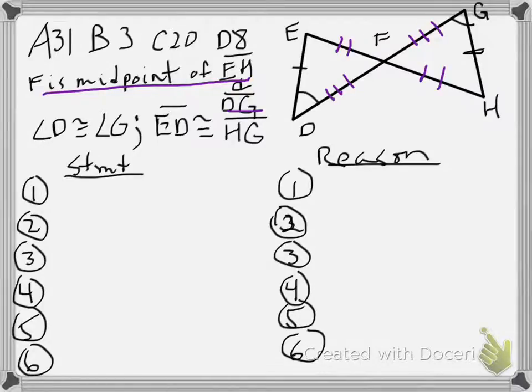Okay, well this was given to us. I didn't write given, but this was given to us. I'm going to write given here. That's the first one you should have been able to fill in. Okay? The second statement we didn't know, but we knew that it's a definition of a midpoint.